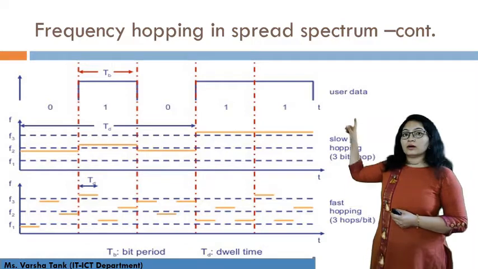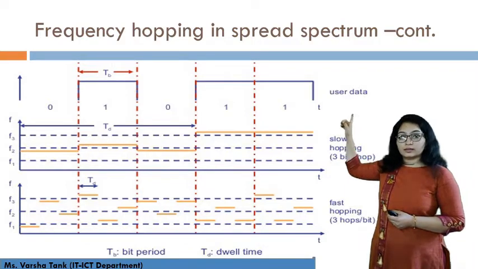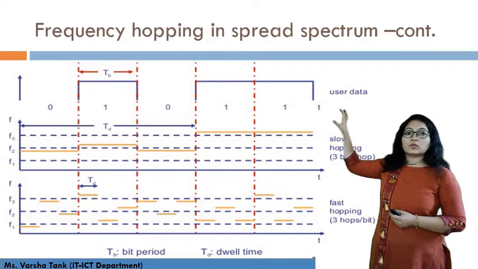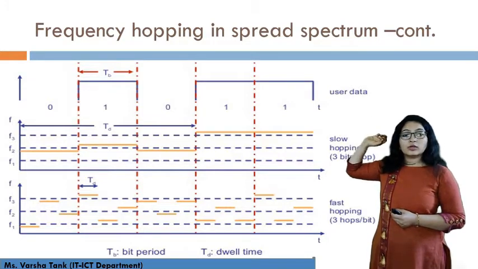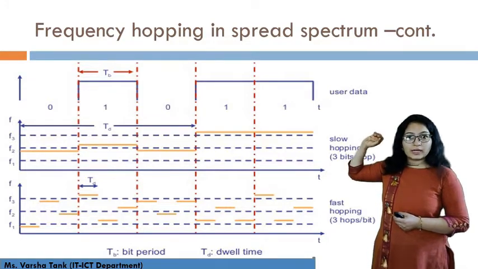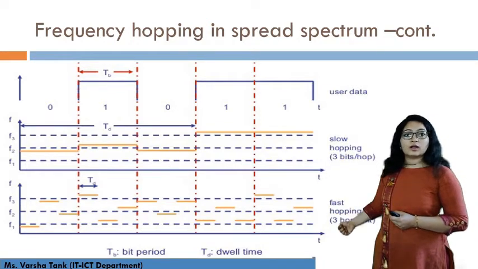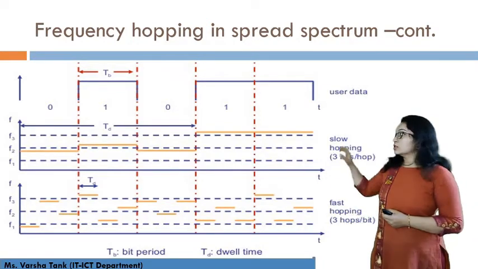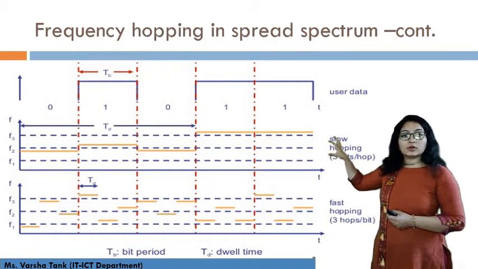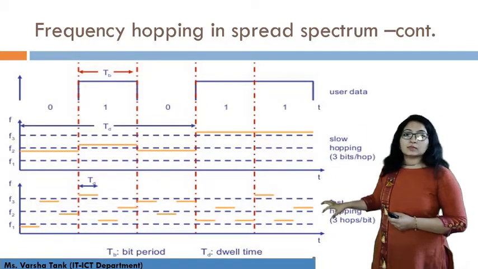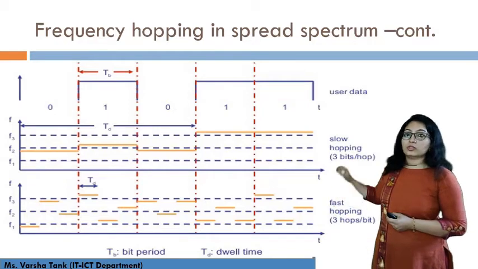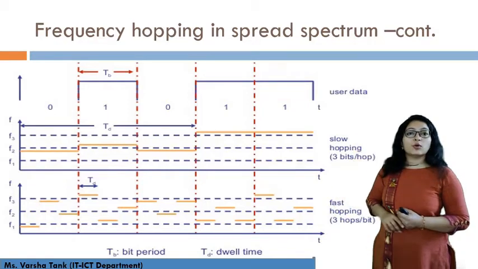Here you can see the diagram for slow frequency hopping and fast frequency hopping. Your signal is 0, 1, 0, 1, 1, 1, which is the user data to be transferred. Here is a slow hopping, and this is a fast hopping. This is slow frequency hopping spread spectrum technology, and here is fast frequency hopping spread spectrum technology.